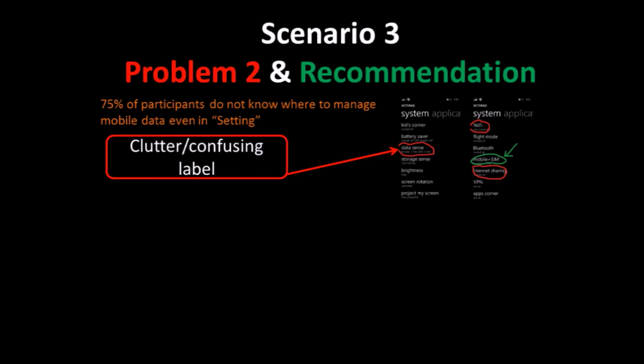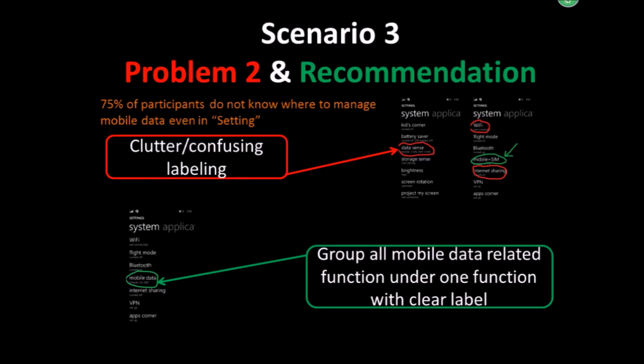This is mainly because there are a few mobile data related systems in settings that might confuse users, and the true system for mobile data management is not obvious. Hence, our suggestion is to group all mobile data related functions under one system with a simple and clear label so that users can find it easily.